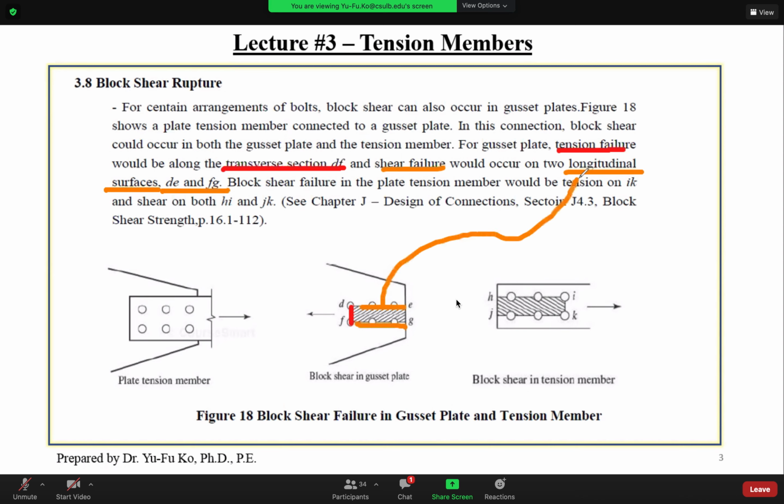Okay, so this is what we call the longitudinal surface, and this is the transverse surface. So this is on the gusset plate. And the same thing applies for the tension member, where it will happen between this block. All right, so the tension will happen on IK, and shear will happen on HI and JK.